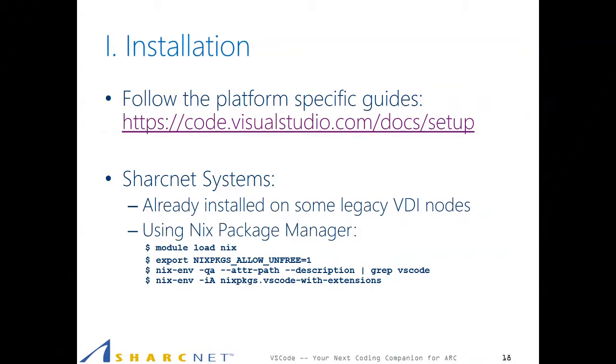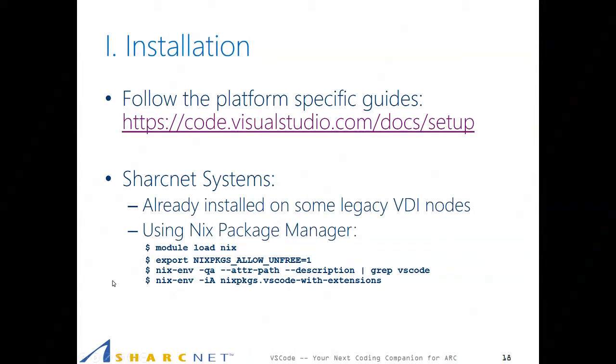But in Nix, it's like that because there are some differences in how you can download the binary. So if you export this environment variable, when you then query for the software, it's going to show you Visual Studio Code.